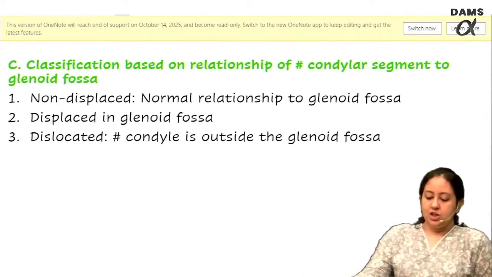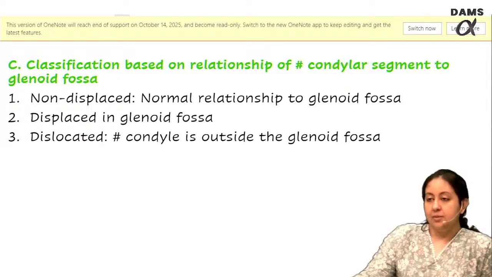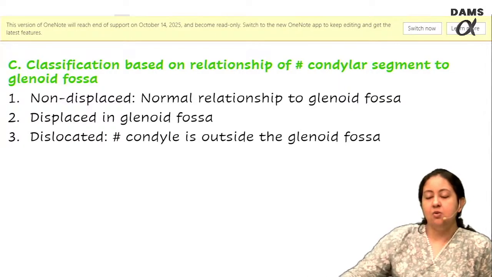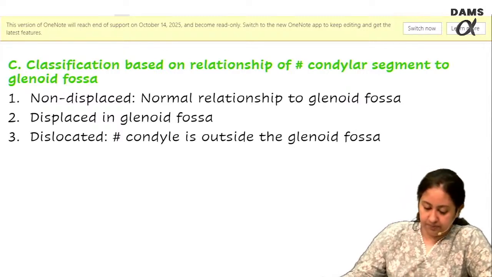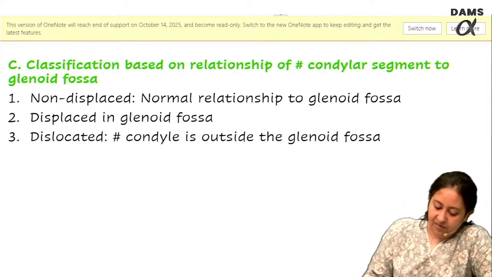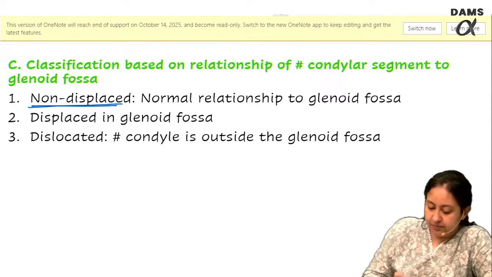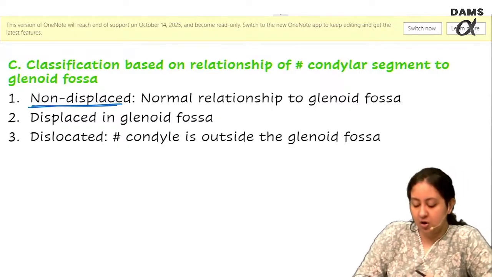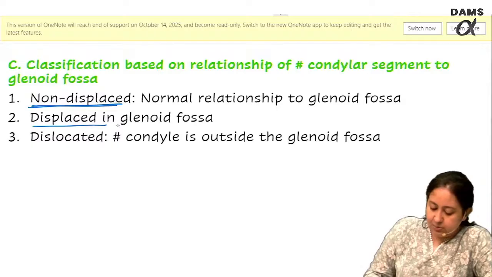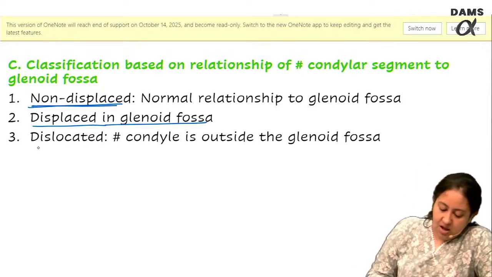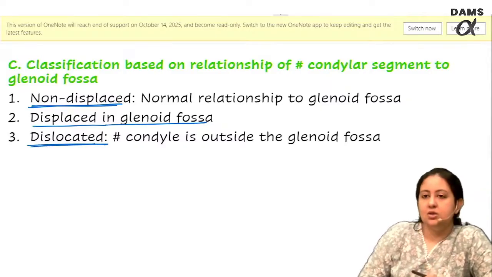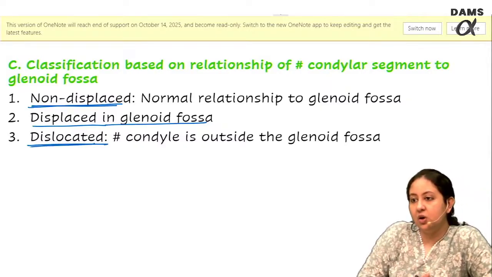Now classification based on relationship of the condylar segment to the glenoid fossa. So the first one was anatomic site, second was relation of condyle to ramus stump, and now it is the relation of condyle to the glenoid fossa. So here we have non-displaced, that is normal relation to the glenoid fossa. We have displaced in glenoid fossa, and dislocated, that is the condyle is outside the glenoid fossa.